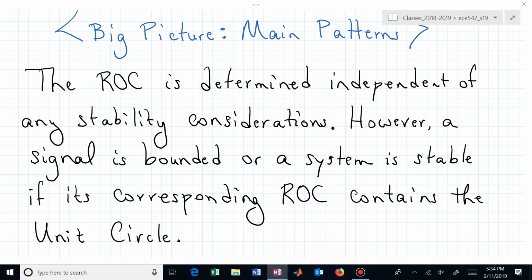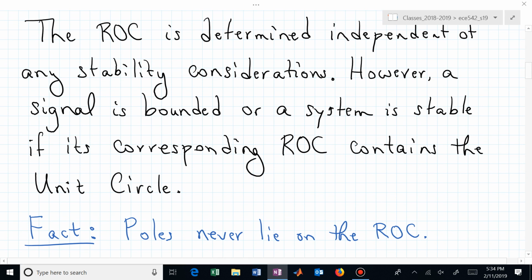If that signal or system is stable or bounded, then the region of convergence associated with that signal or system needs to contain the unit circle. The unit circle will lie inside or on top of the region of convergence. And hopefully that will make sense near the end of today's class.